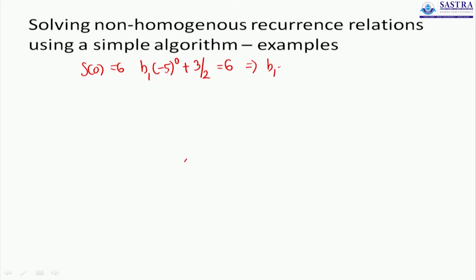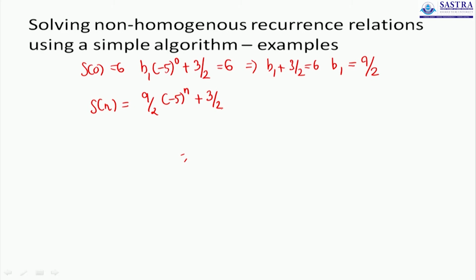So, b1 plus 3 by 2 is 6, or b1 is 6 minus 3 by 2, 6 minus 1.5, which is 4.5, therefore, b1 is 9 by 2, and hence the answer you are looking for in terms of S of n is 9 by 2 times minus 5 to the power of n plus 3 by 2.